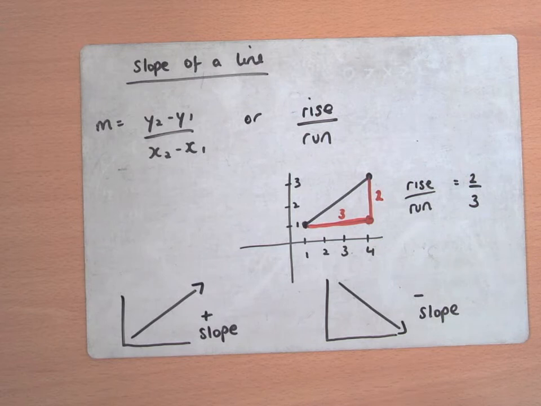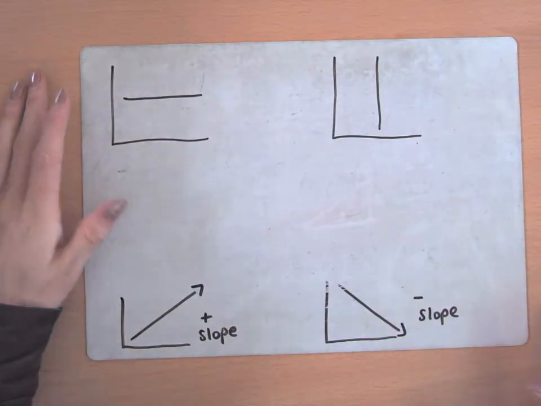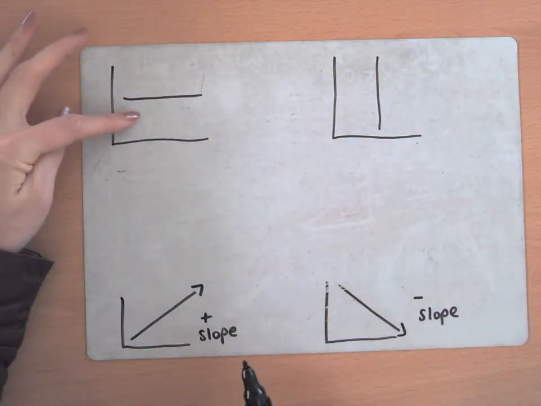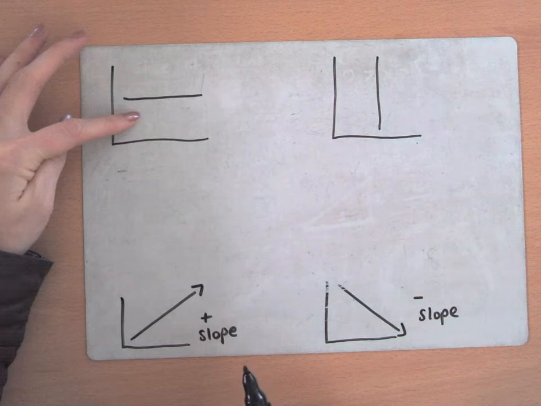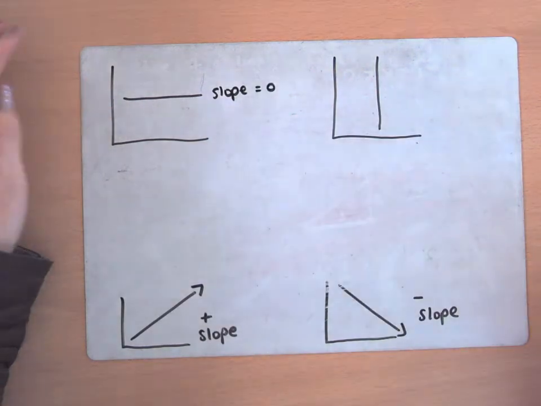Positive slope, negative slope. Let me just get rid of a little bit there. Can I get rid of the rise over run part? So, something like this, a horizontal line, your slope is 0.